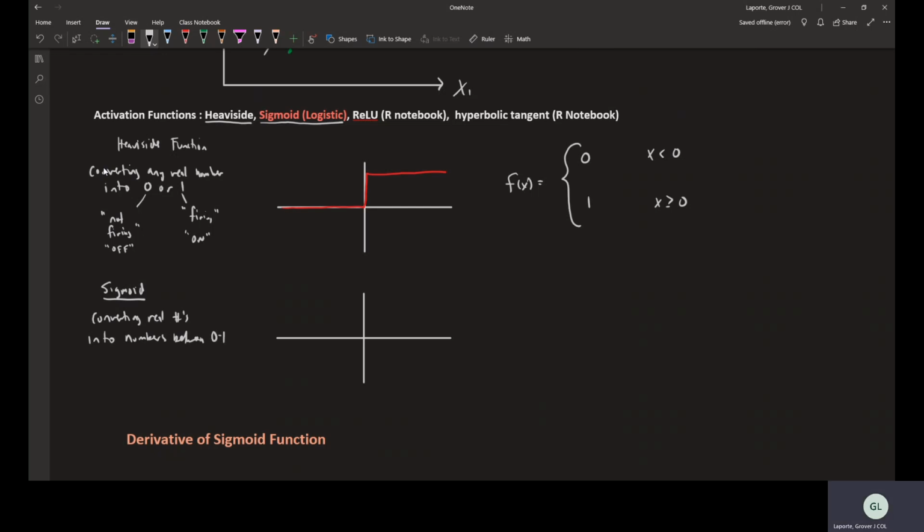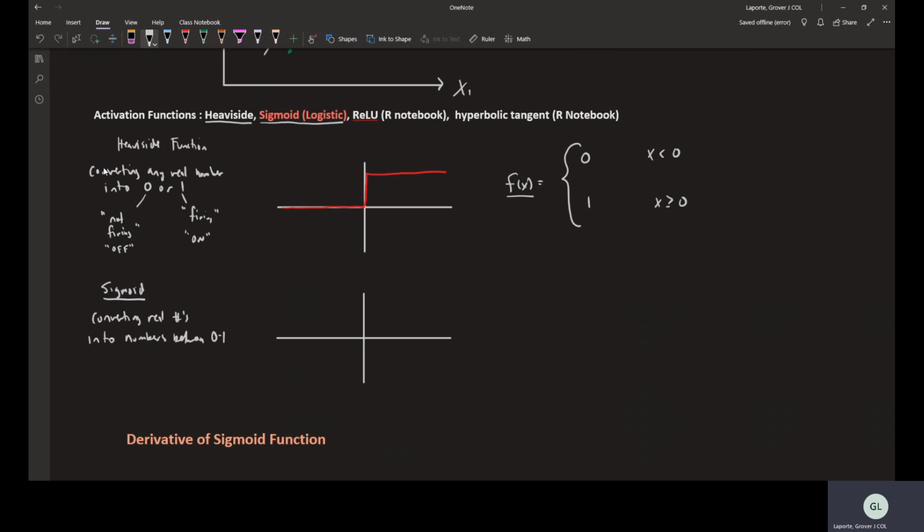What that allows you to do is say firing isn't necessarily just a 1 or a 0, or the hard thresholds considered with the Heaviside function. Now you can have multiple outputs, and one can be 0.1 and one can be 0.05, and maybe 0.1 is firing because it's bigger than 0.05.